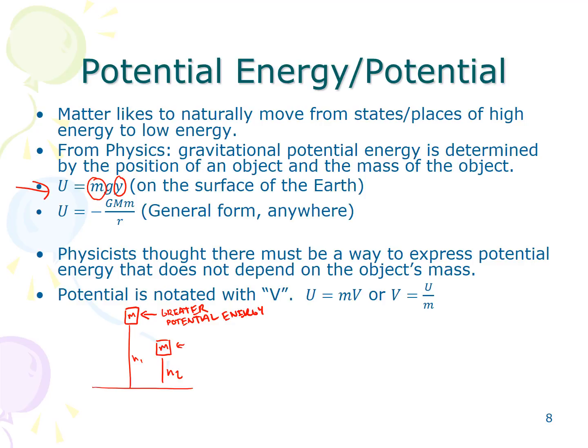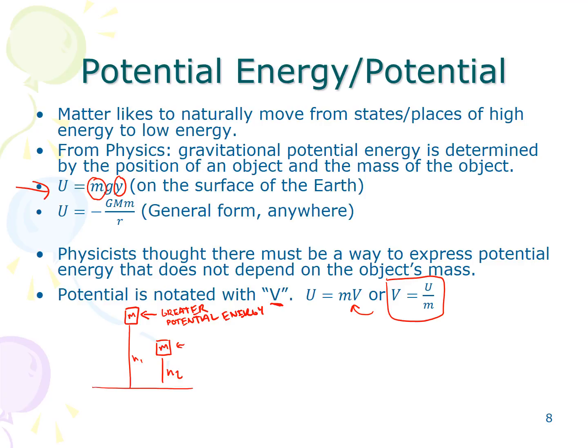They denoted this potential with the symbol V. V is equal to the potential energy divided by mass. So they thought, let's just divide out the mass and then multiply it in later. If I solve for potential energy, you just multiply mass times the potential.